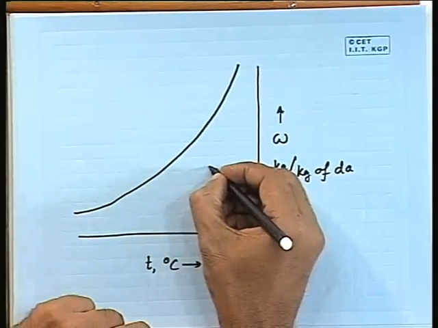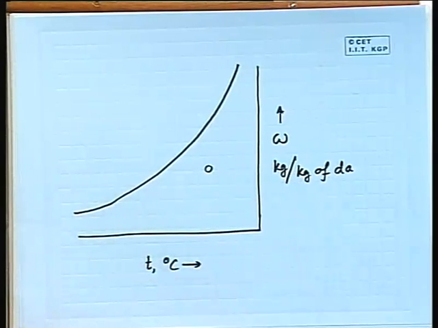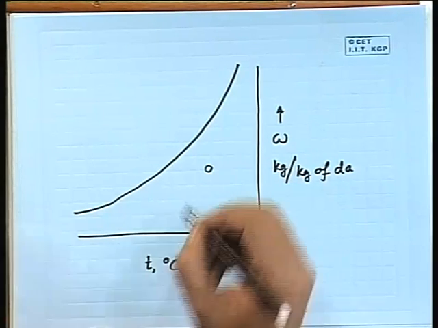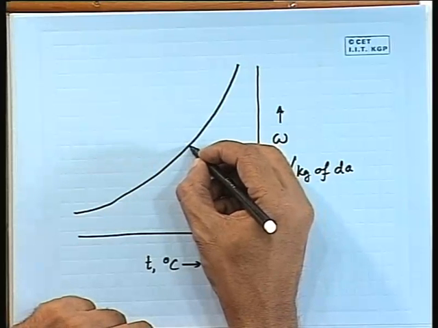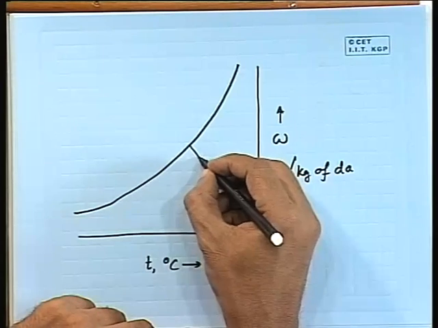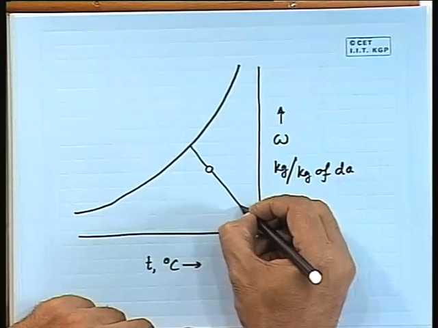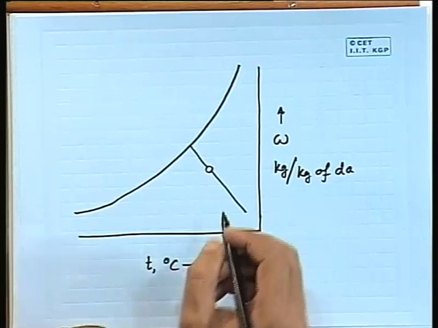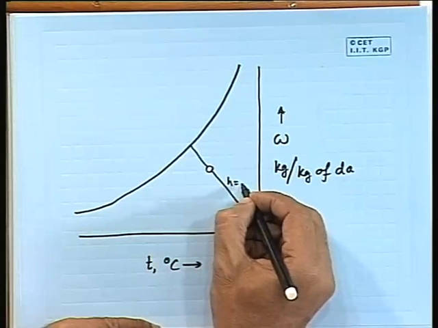This is the sample point, and at the sample point we can have constant enthalpy lines, H is equal to constant.